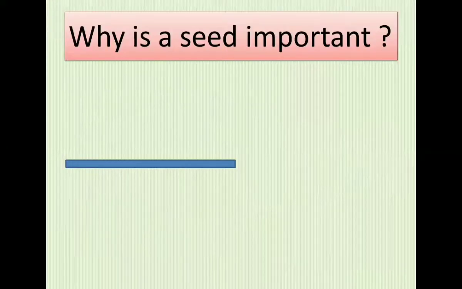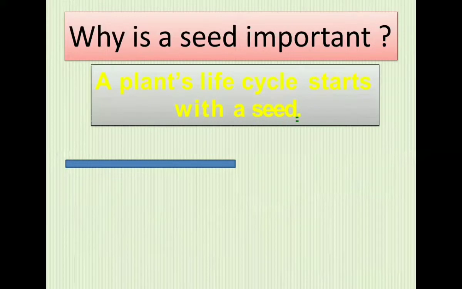Why is a seed important? Why is it so important that without the seed we are unable to grow the plant? A plant's life cycle starts with a seed. A plant has a life cycle. Why does a plant have a life cycle?